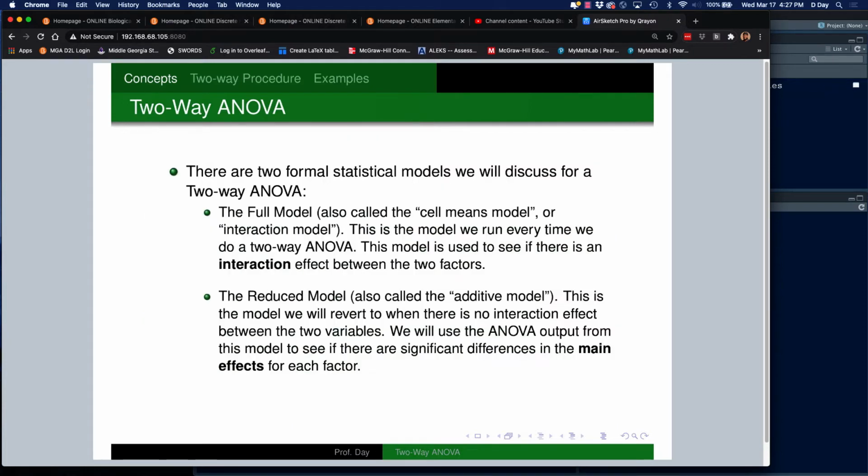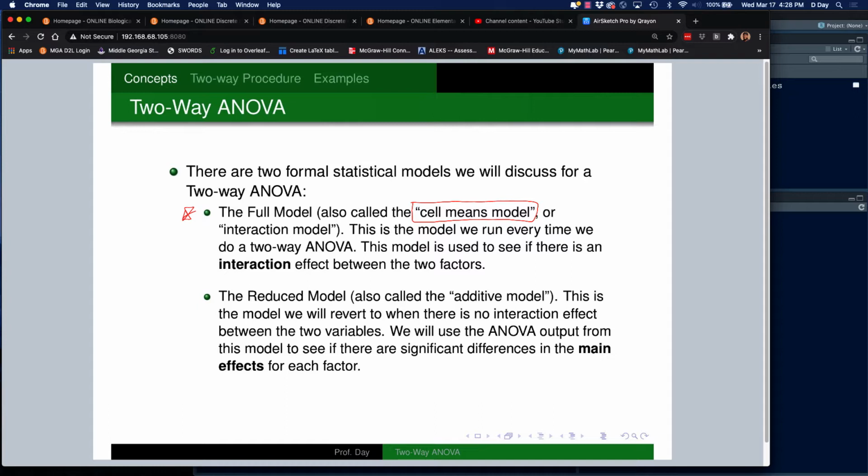There are two formal statistical models that we sometimes perform for a two-way ANOVA. The reason I say sometimes is the first formal statistical model we have to run is what they call the full model of the two-factor ANOVA, sometimes called the cell means model. I will come back to why this is used later when we do our example.